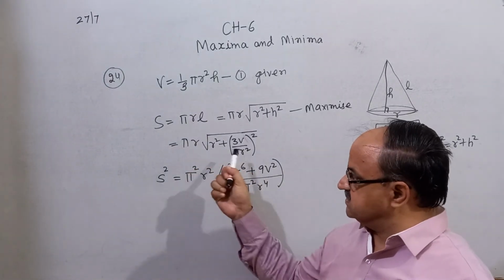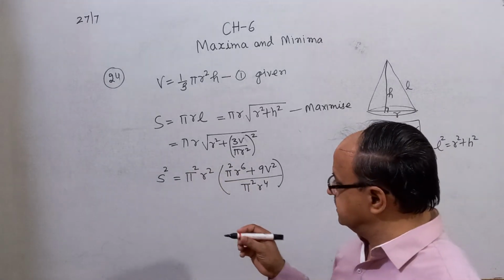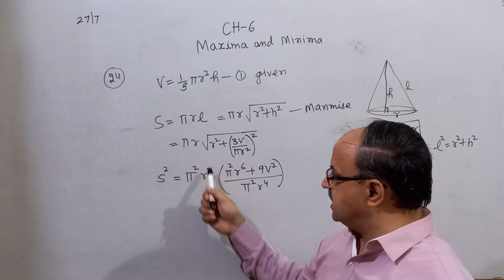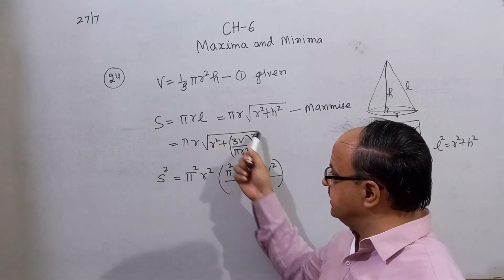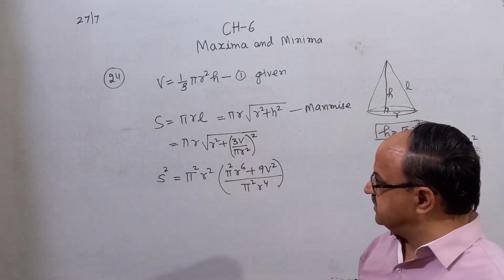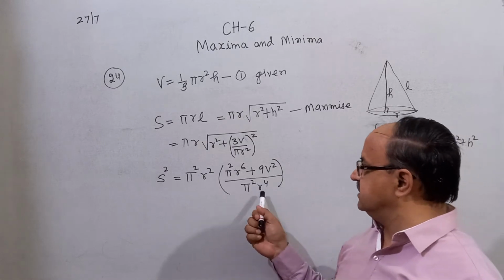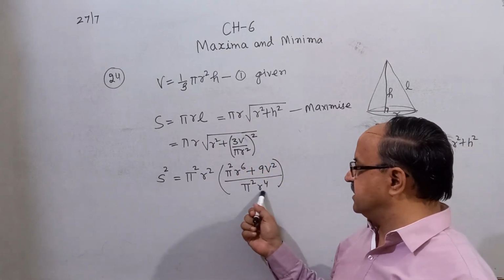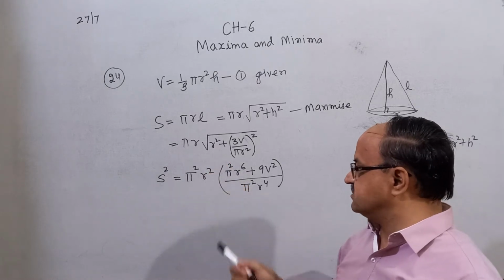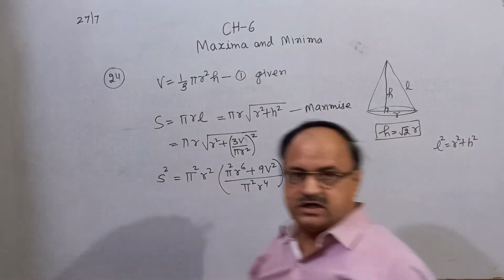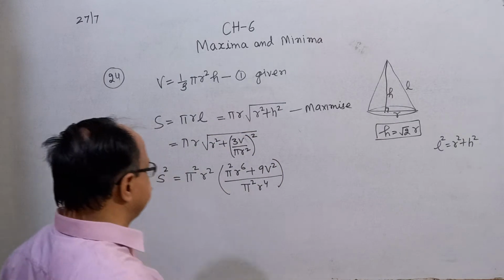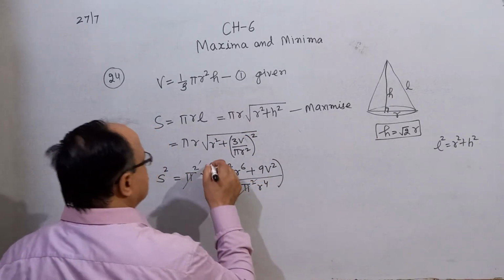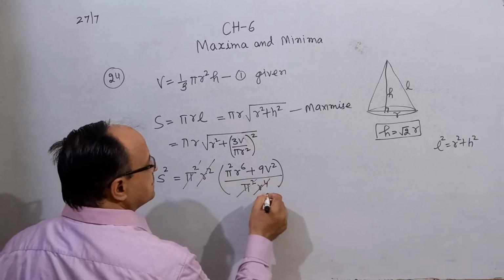Squaring both sides, squaring of this S square, squaring of this pi square r square. When you square this quantity, then it will become radical free. And take LCM, LCM pi square r4. Pi square r4 multiplied by r square, that is pi square r6 plus 9v square. Clear? Now, pi square to pi square cancel, and this r square to this cancel.